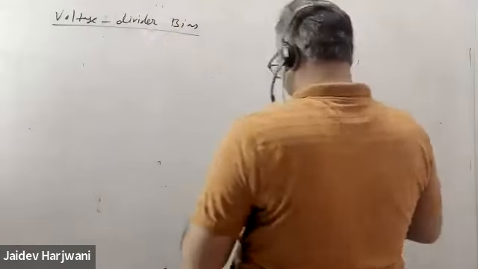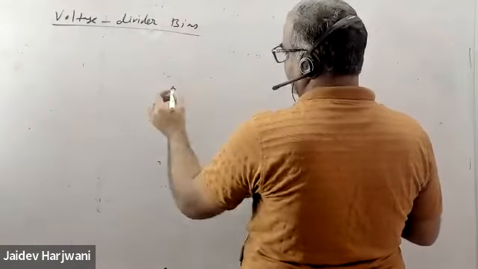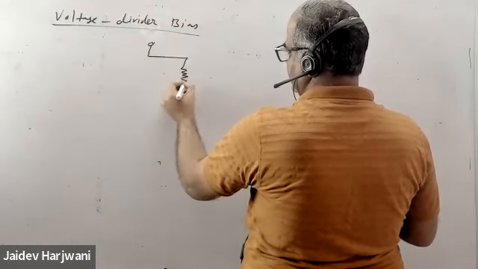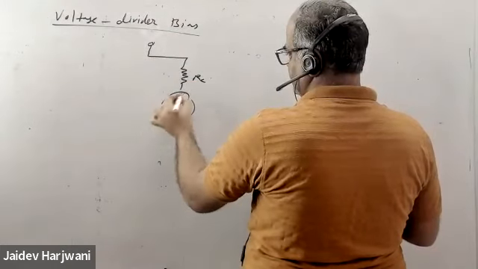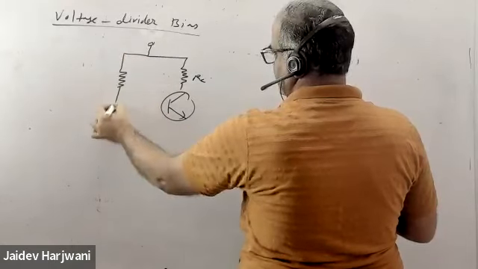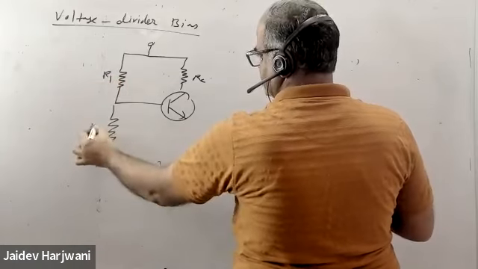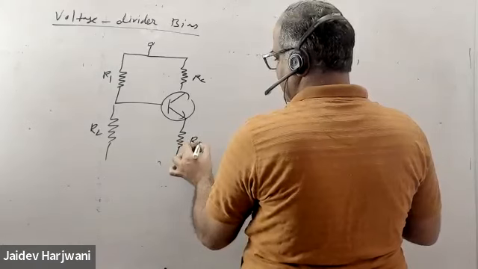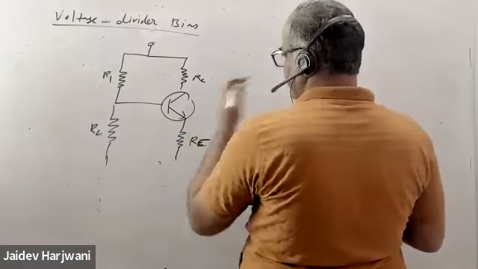So the voltage divider circuit is given now. You have this RC. See, this is my IE, and here you have R1, you have R2. Here I am putting one emitter resistance RE also. Now you see what is the effect of putting RE.